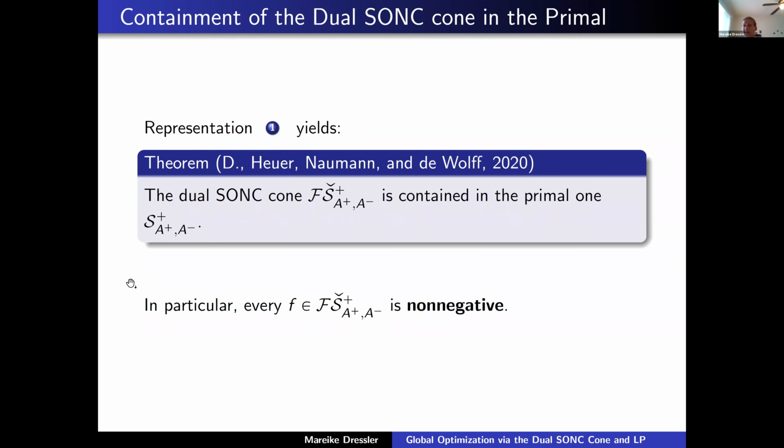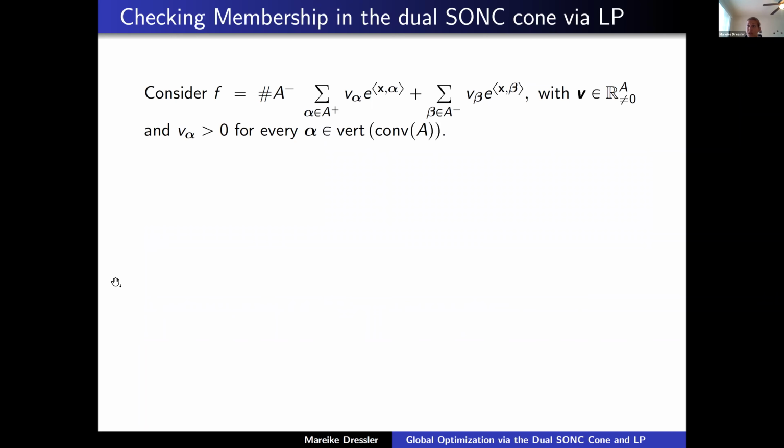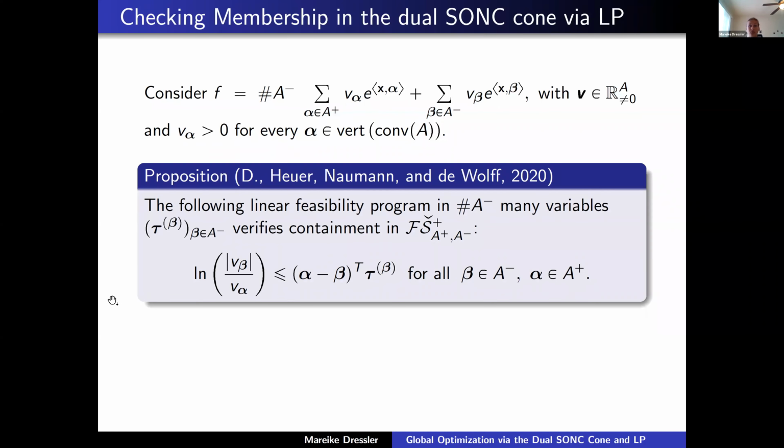So then another thing we have to address now, how do we check membership now in this function dual cone? And recall, we consider these zignomials as living in this cone. And we want to know how we could test if such a zignomial really lives in this dual cone. And then a specific linear feasibility program does this.